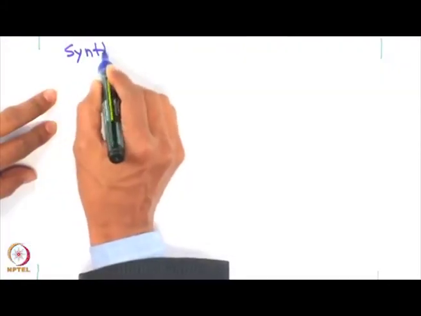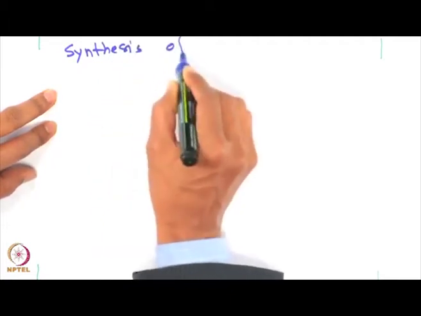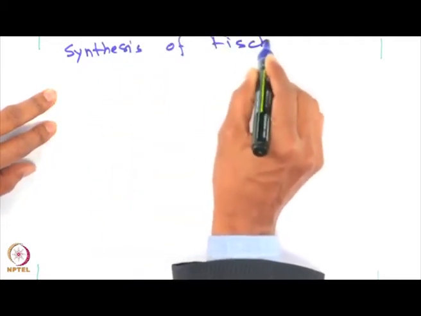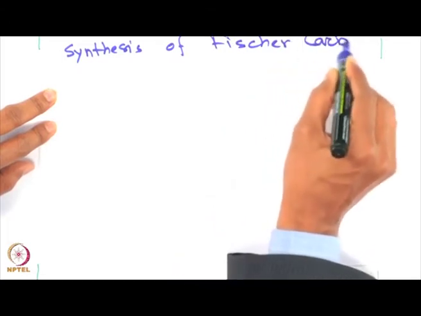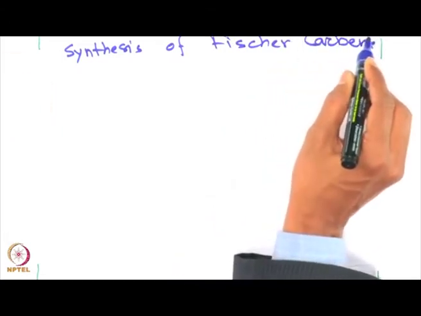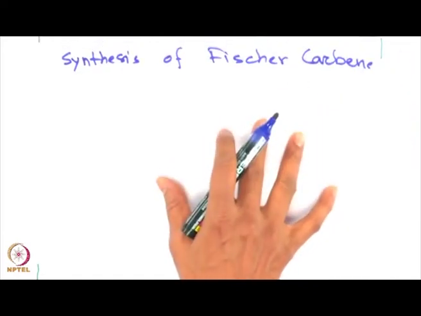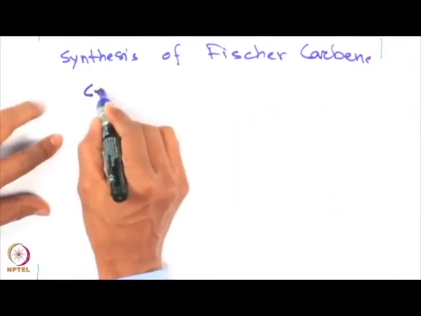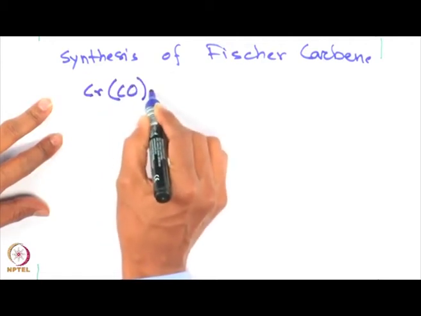All right. Now, let us look at the synthesis of these two different types of carbene, namely Fischer carbene and Schrock carbene. First, we will discuss the synthesis of Fischer carbene. We can start with a chromium hexacarbonyl species.